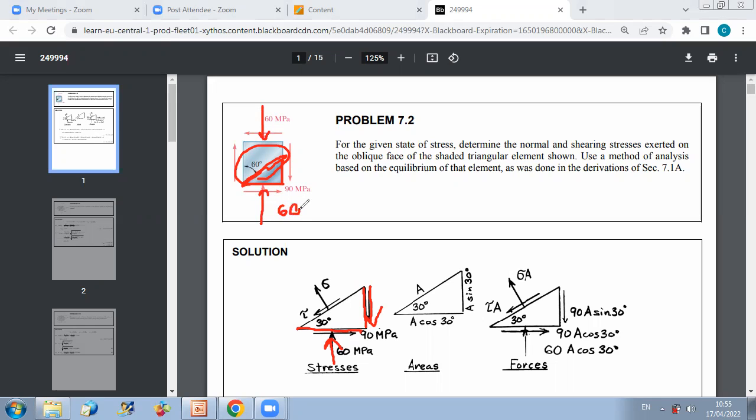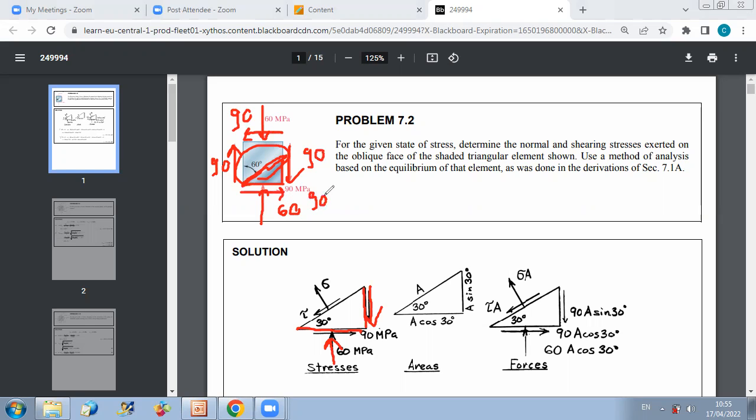Okay. And we know that tau xy equals tau yx. So if this is 90, then all of these shear stresses will be 90 for equilibrium purposes. So this is 90, this is 90, and this is 90.